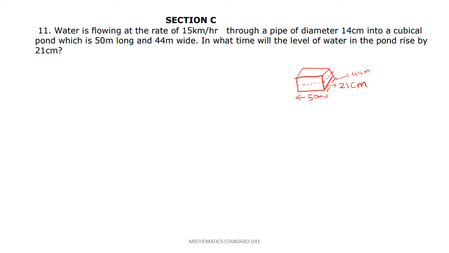So now water is flowing at the rate of 15 km per hour through a pipe of diameter 14 centimeter. So about the pipe, we know that the diameter of the pipe is 14 centimeter.